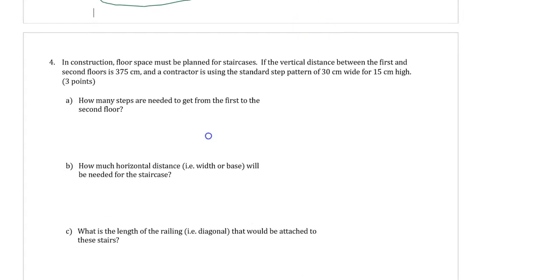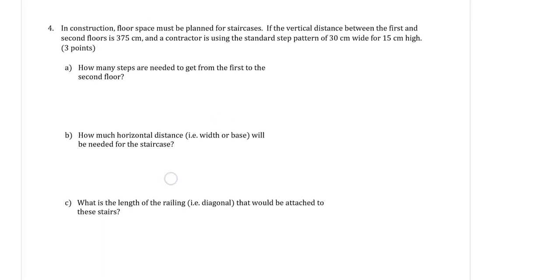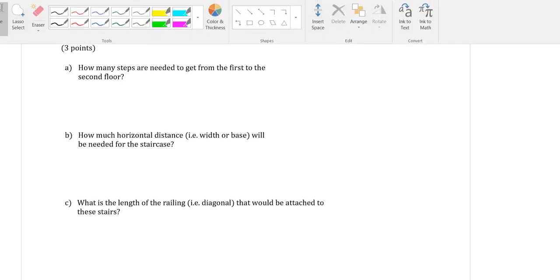All right, let's look at number 4. Number 4 is a problem we looked at in our notes. In construction, floor space must be planned for staircases. If the vertical distance between the first and second floors is 375 centimeters, and a contractor is using the standard step pattern of 30 centimeters wide for 15 centimeters high. A, how many steps are needed to get from the first to the second floor?